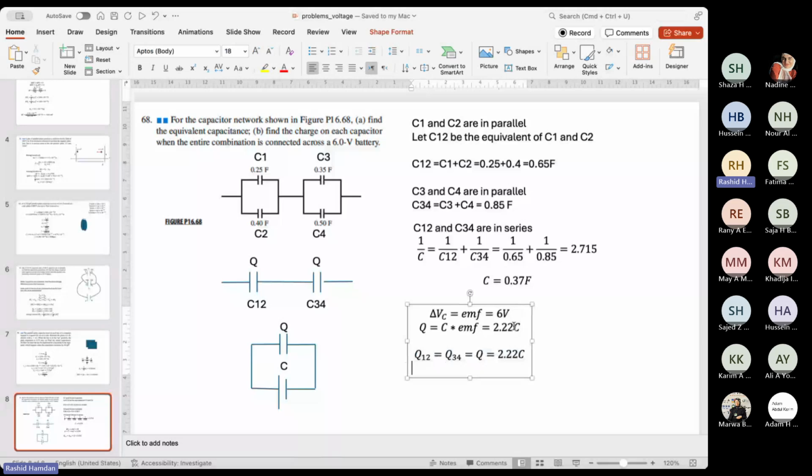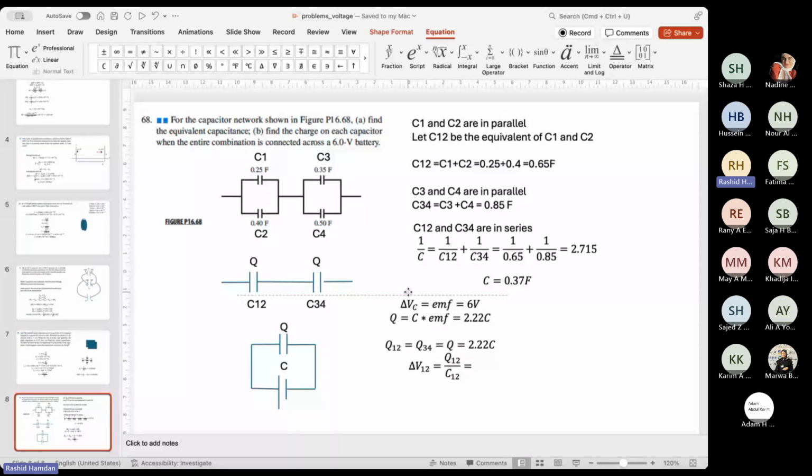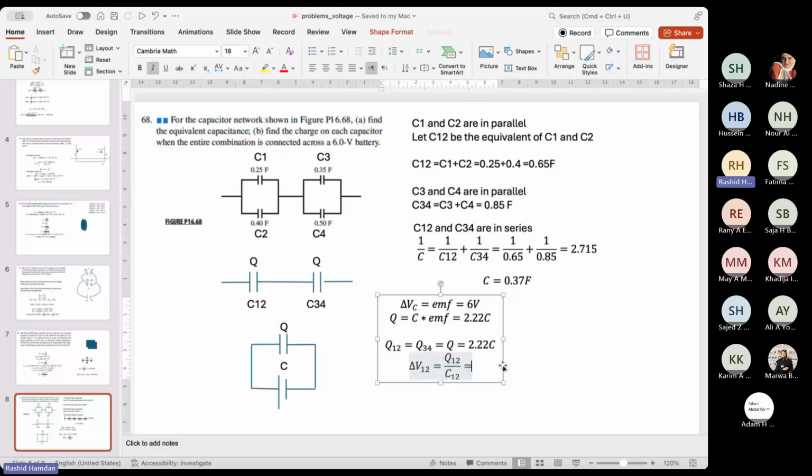Now, the voltage difference delta V12 is equal to Q12 over C12. So I can find the voltage difference. And I'm not going to put the absolute value anymore, but I'm always talking about the absolute value of the voltage difference. So this is equal to, we have 2.22 divided by 0.65. So that's 3.415.